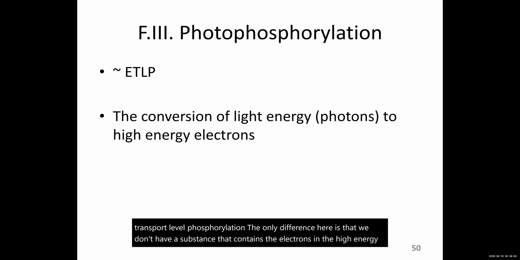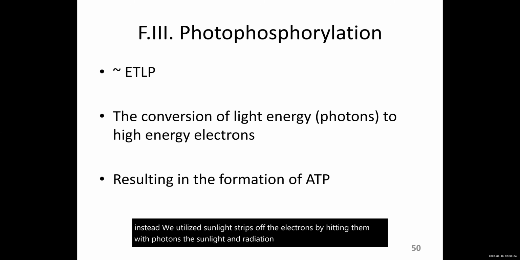Sunlight is the one that strips off the electrons by hitting them with photons, the radiation coming from the sun. That also results in the formation of ATP. So ETLP and photophosphorylation are relatively similar. It just depends on where the electrons are coming from and how they're made. And again, we'll take a look at them in a few moments.